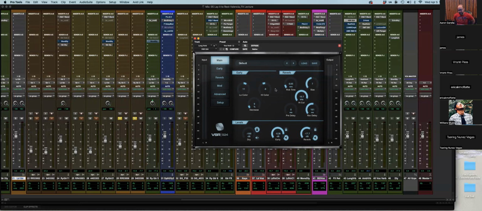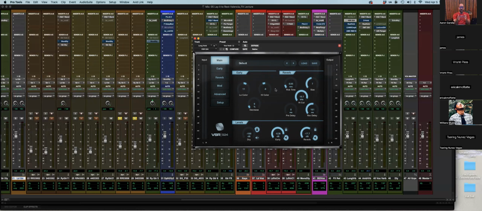I want to say in the 90s is when it came out. It was, I believe, like a $12,000 or $15,000 box back in the day, and it was just an amazing reverb to create true depth because it was a true stereo reverb. Lots of reverb plugins that you use are mono in, stereo out.